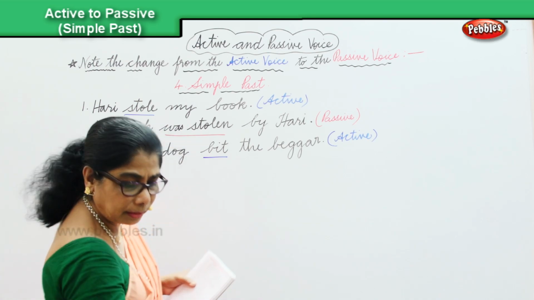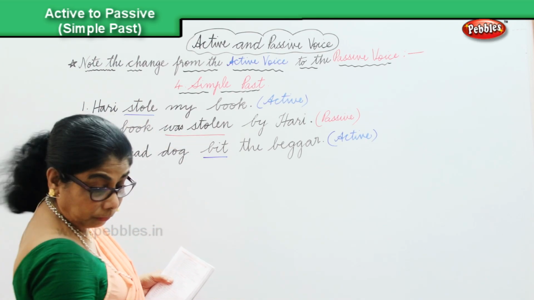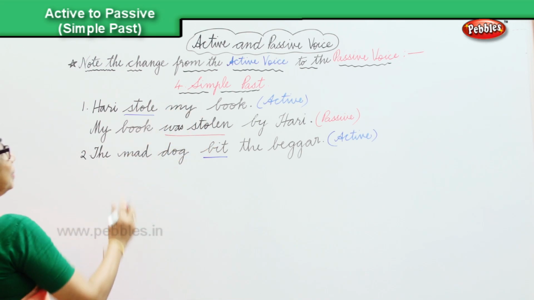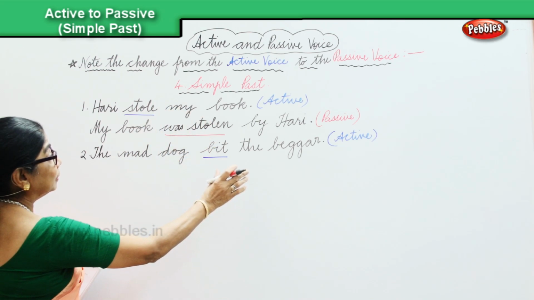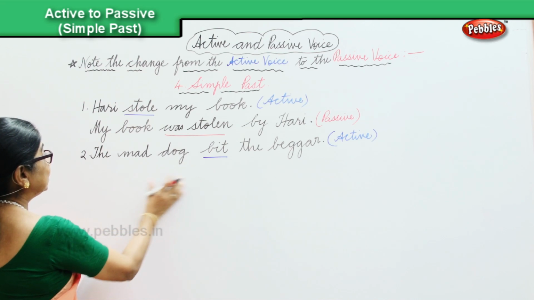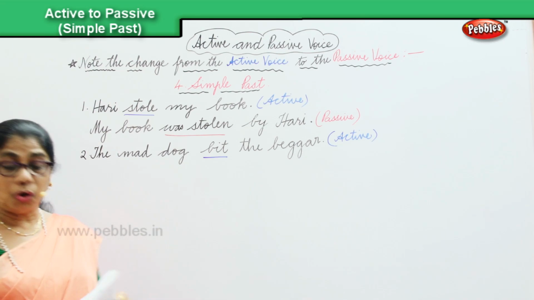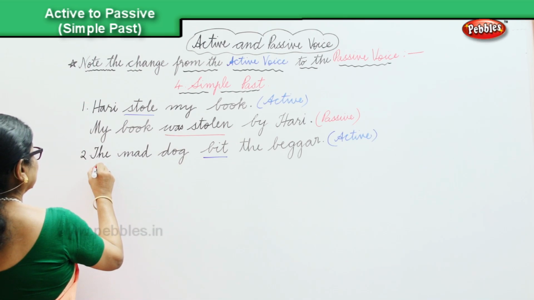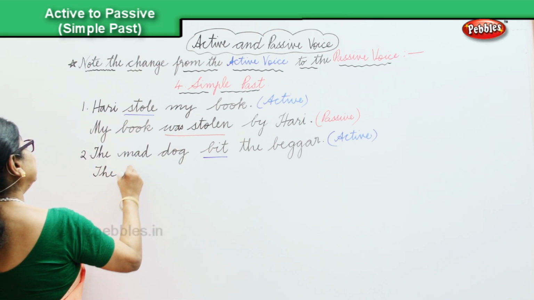Now let's look at the changeover from the active into the passive in simple past. The beggar was bitten by the mad dog.